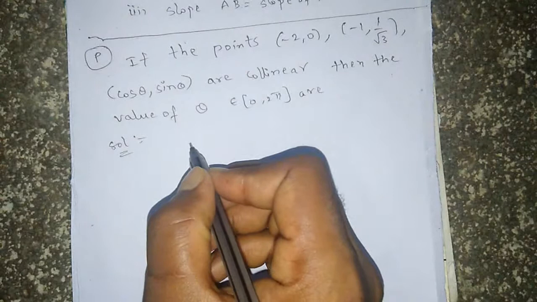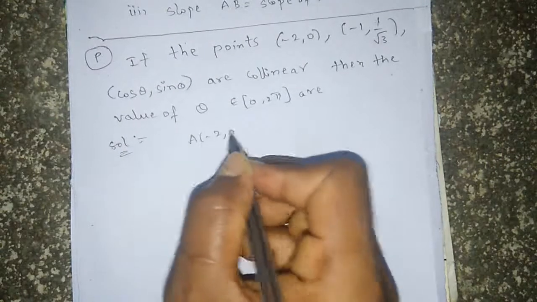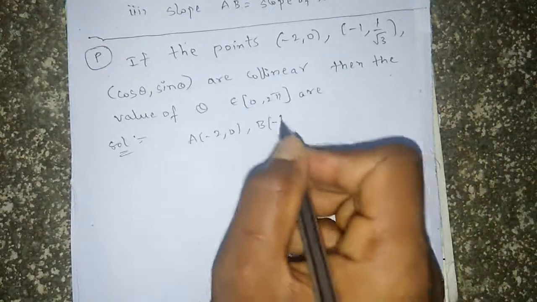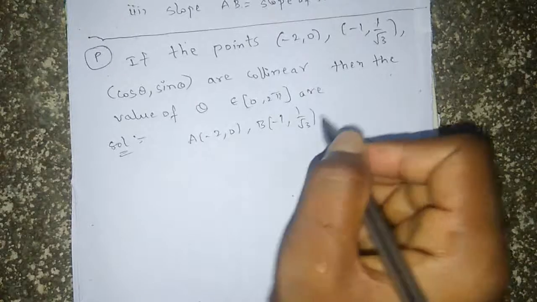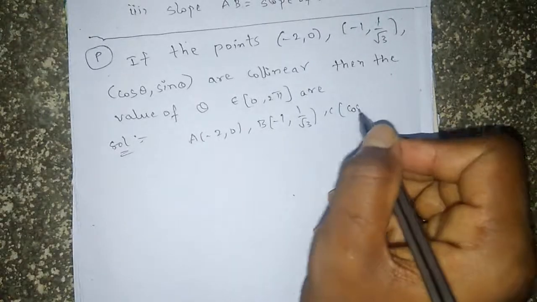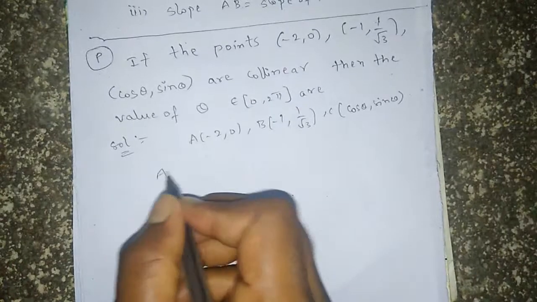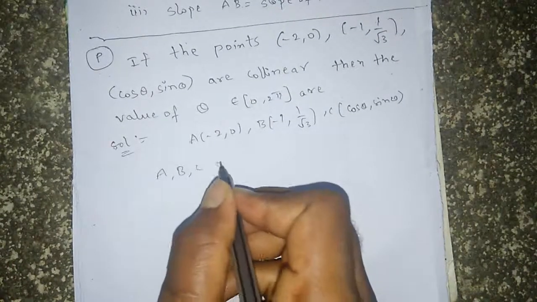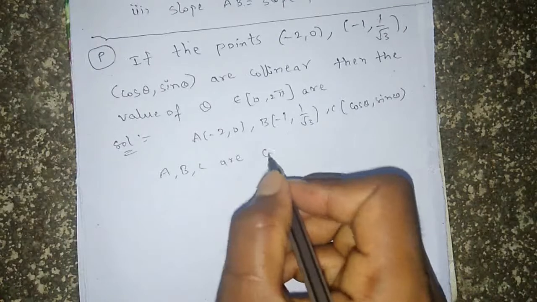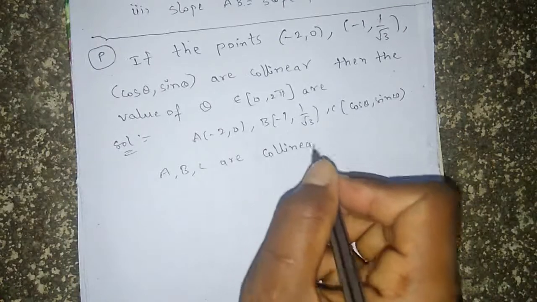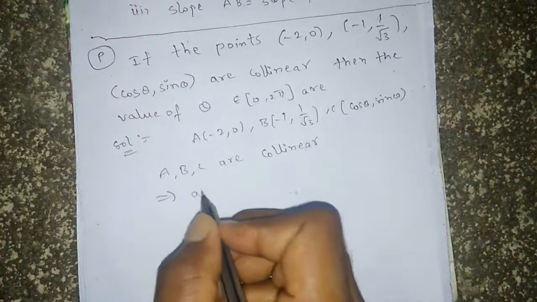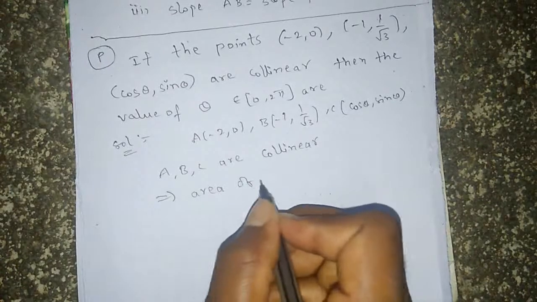So here let A be minus 2 comma 0, B is minus 1 comma 1 by root 3, C is cos theta comma sin theta. Given that A, B, C are collinear, implies area of triangle ABC is 0.